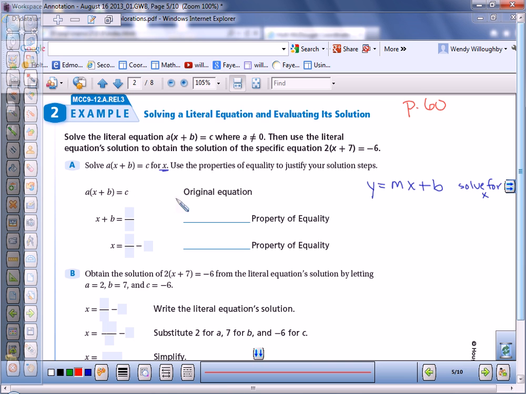All right, so what would we need to do to get x by itself? You need to first divide what's in the parentheses by a. Okay, so we're going to divide by a. Very good. Divide both sides by a. That is the division property of equality. And so that will leave us with c over a is equal to x plus b.